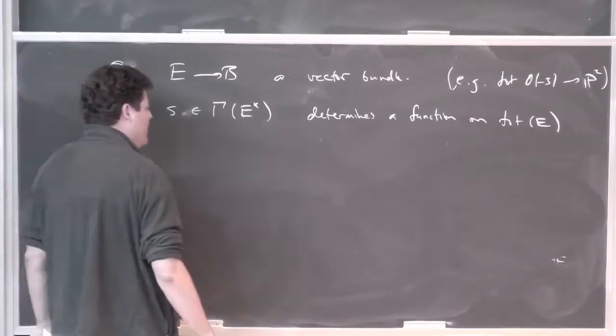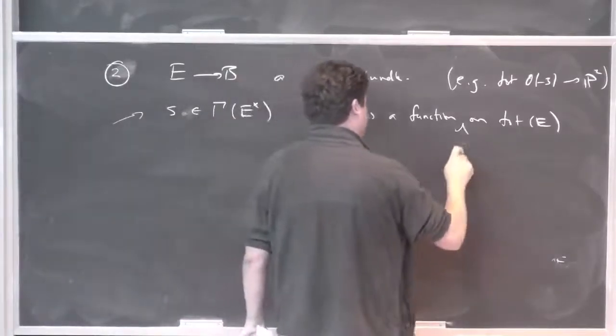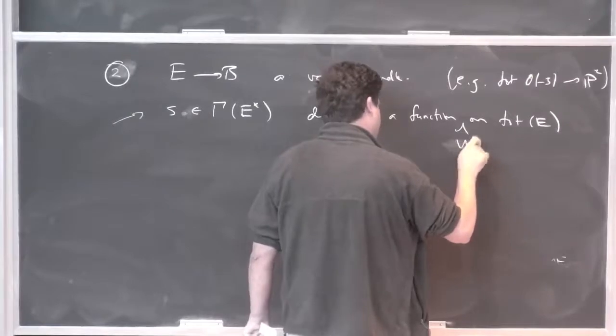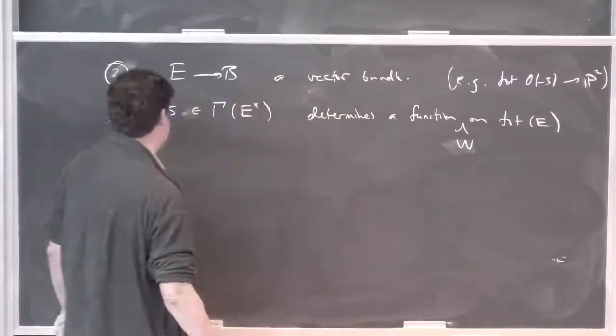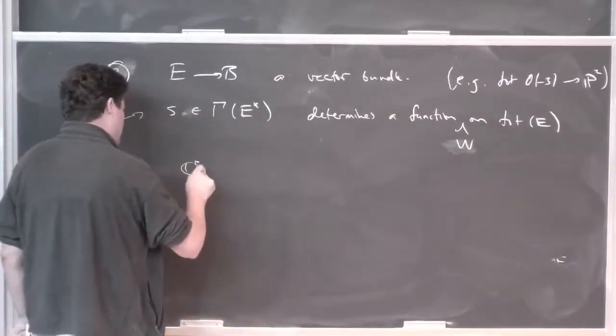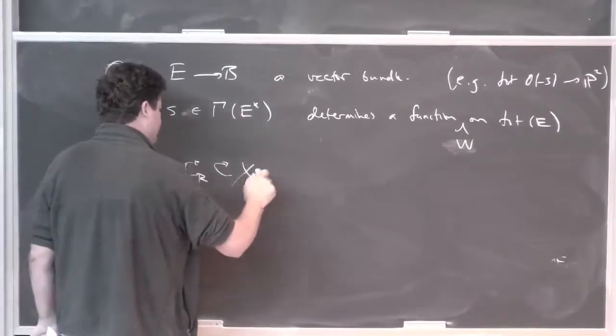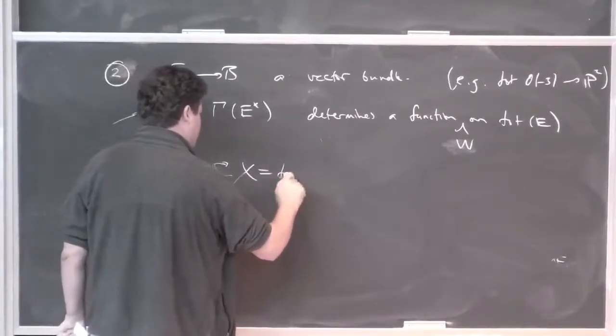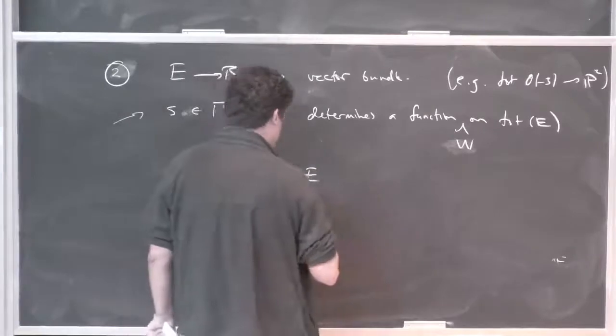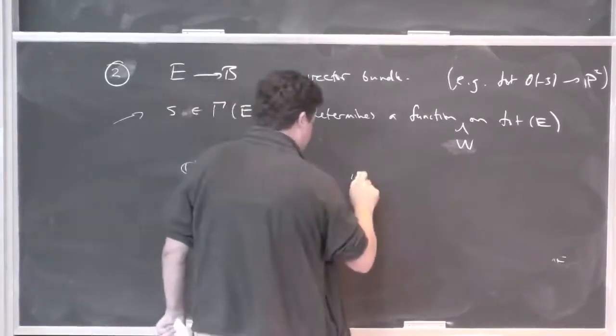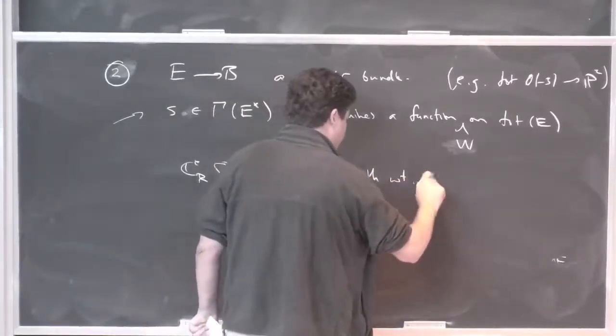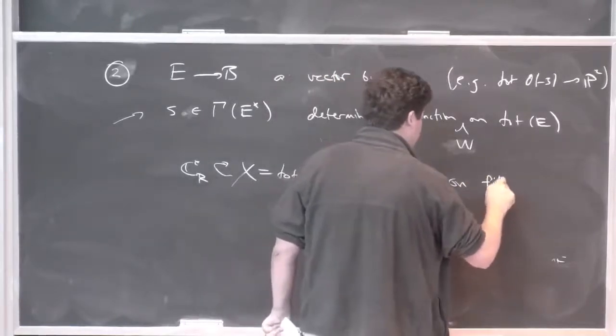And I'm going to call this function W. And we're going to let C star R act on X, which is going to be the total space of E. It's going to act with weight 2 on the fibers.